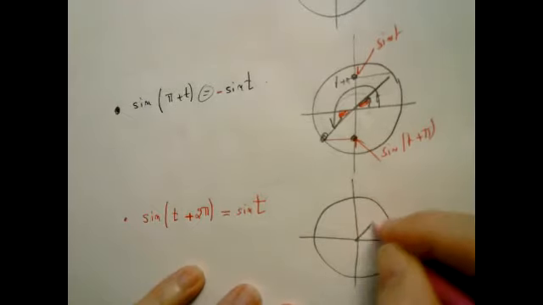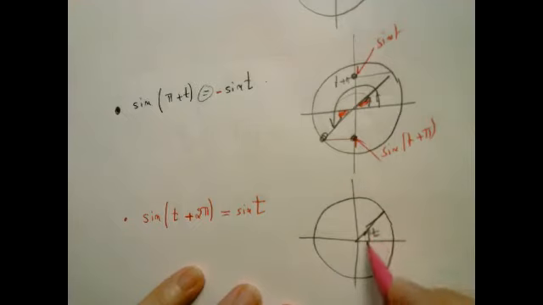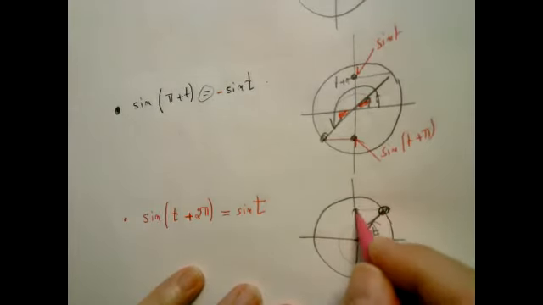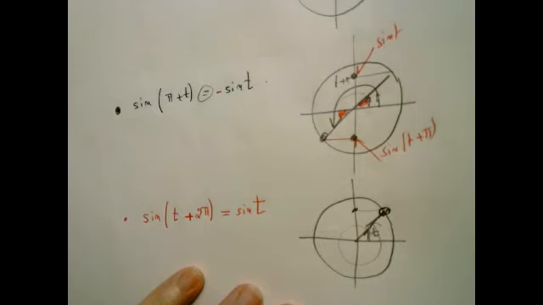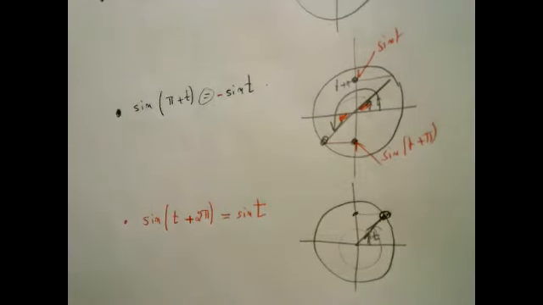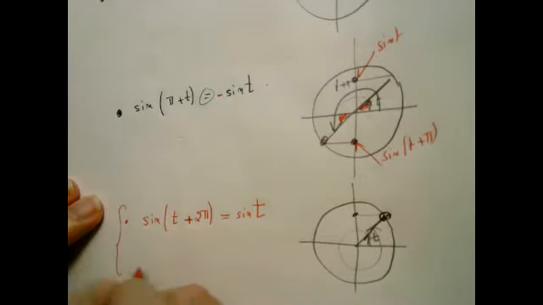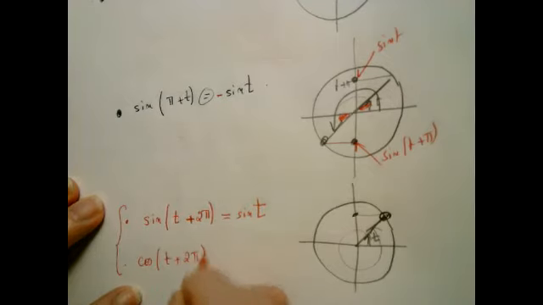If I take an angle T, and then I take T and I add 2 pi, I go back to the exact same point. So I have the exact same y coordinate. And the same holds for the cosine. So that's the idea that the function is periodic. It means it repeats its value every 2 pi.